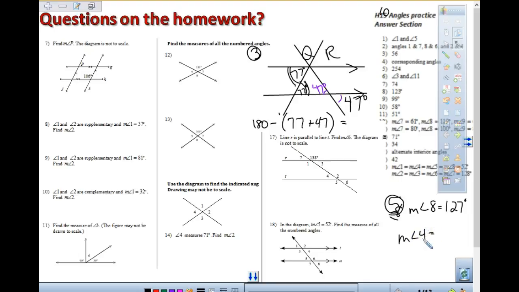Angle 4 has to be how many degrees? It has to be 127 also because they correspond, right? And what do we know about 4 and 1? 4 and 1 are vertical. The measure of angle 1 has to be 127 also. So it just says what is the sum of those two? So you're just adding those two together. That's 254. The word sum means you are adding.